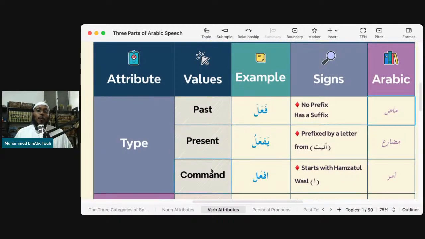And we have a command tense. I can't really say tense, but let's say it's called an imperative verb. I decided to use command because it's probably an easier word for you to remember. Technically speaking, they call it imperative. Basically, a word that tells you what to do, which in Arabic we call fi'l amr.